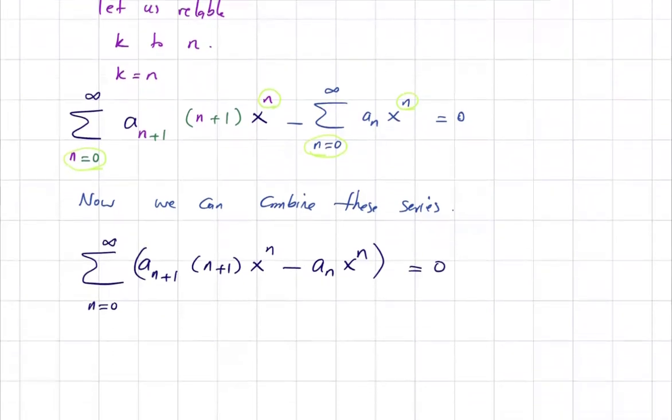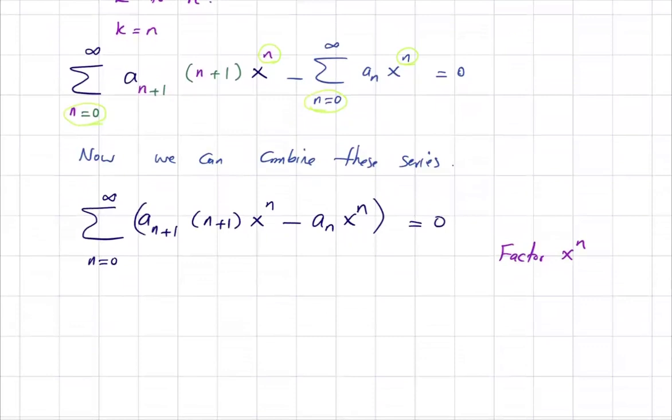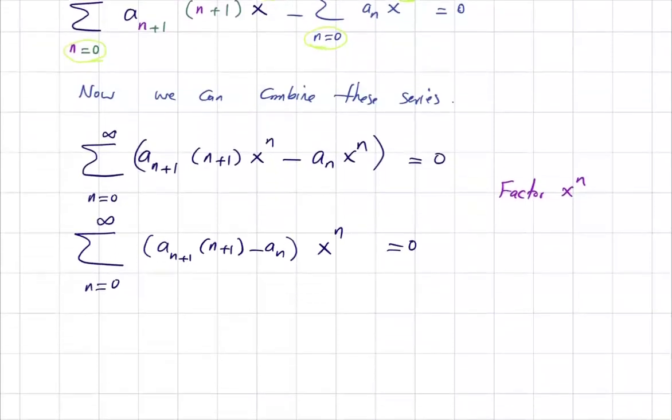You can factor out x to the n. So you can find a recursion here. You have the summation of a_(n+1) times (n plus 1), minus a_n, times x to the power n. On the right hand side it must be equal to 0, but this series is 0 if and only if this quantity is 0.